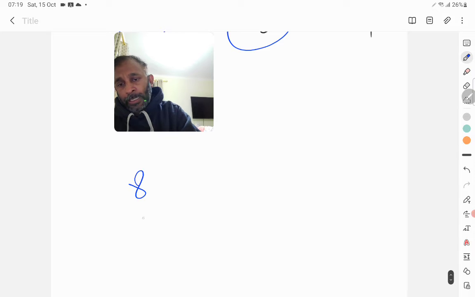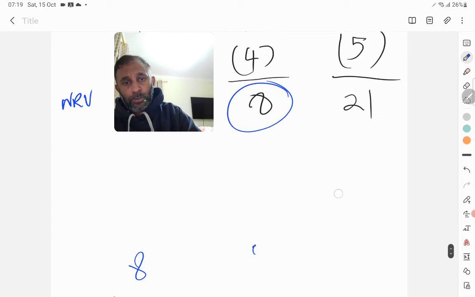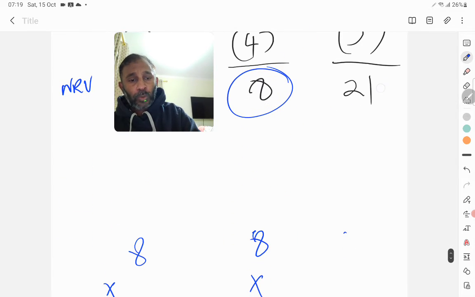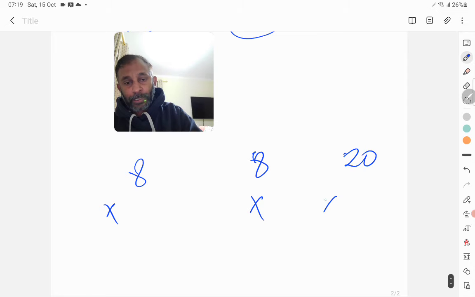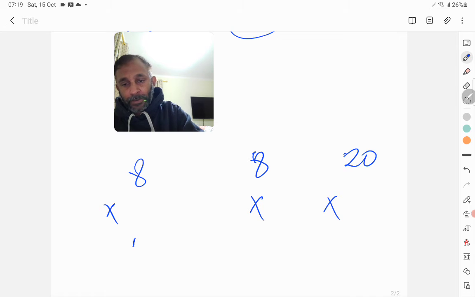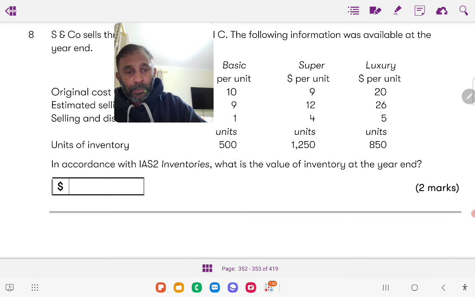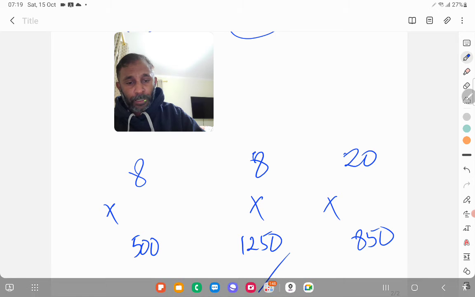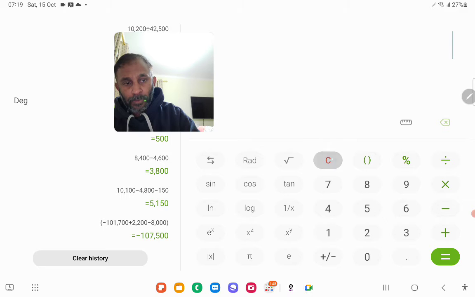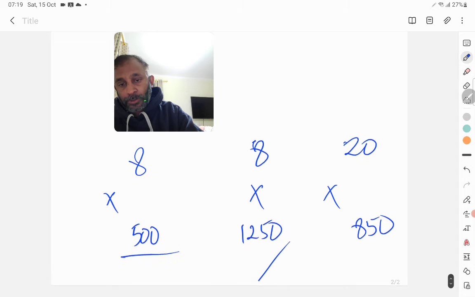So 8 into this one, also 8 into, and this one 20 into 500, 1000, 250 and 850. 500, 250, I think 850. Third one is, yes. Now let's open the calculator. 500 into 8, you get 4,000.